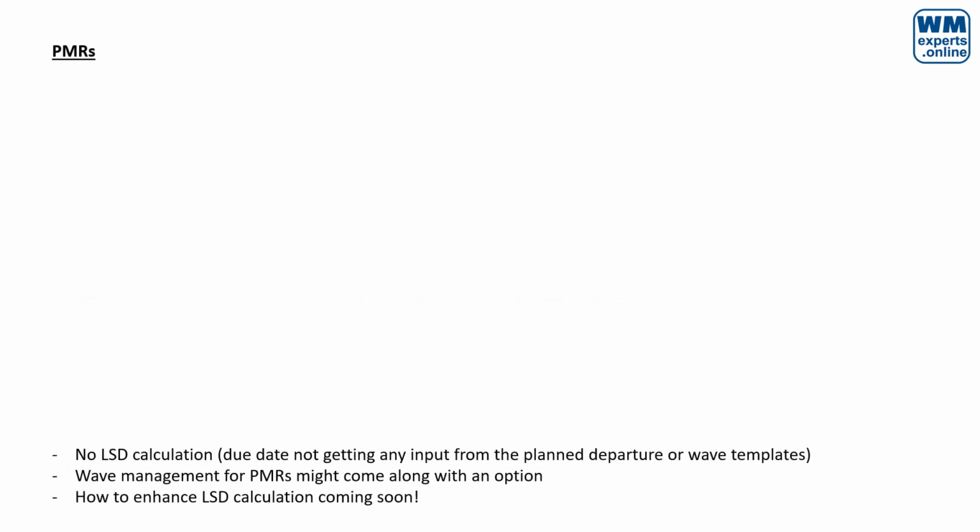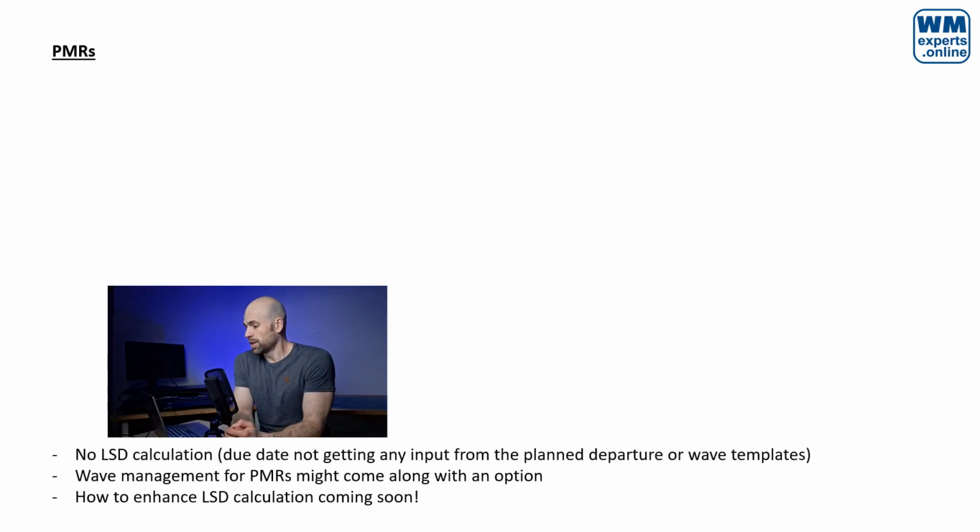And the first area is the production material requests. So we are leaving the traditional world of warehouse requests, deliveries and so on, and for these PMRs I did not find any way for LSD calculation in the standard, apart from one fallback class, which is called for one body, where the LSD is calculated based on the requirements date from the production order.